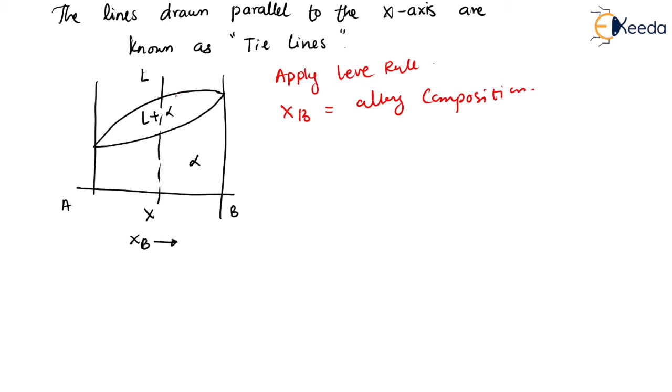So dear students, if I want to find out the volume percentage of alpha and the volume percentage of this liquid, where alpha is a solid phase and L is the liquid, at say temperature T, I am going to find the percentage volume of alpha in liquid.